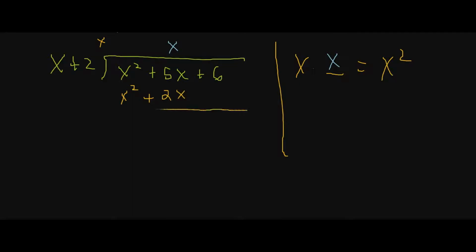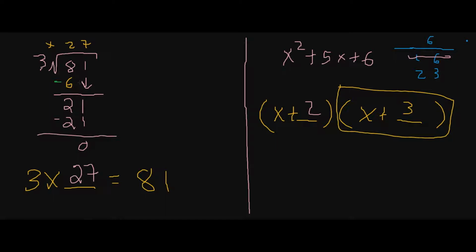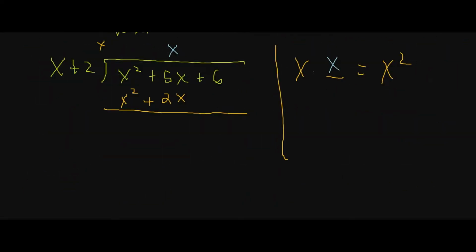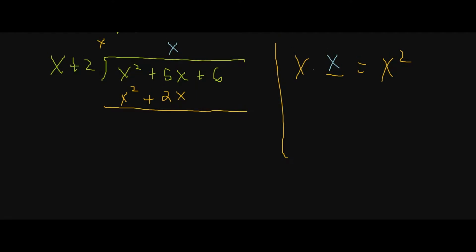Now I'll put my little division sign here. Just like before when we did the problem up here, it was a 6, we put a minus 6. So we're going to do the same thing over here. This whole thing we're subtracting. So we're going to get x squared minus x squared, and then 5x minus 2x.